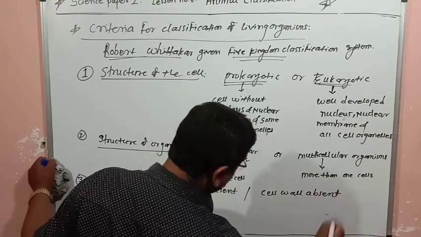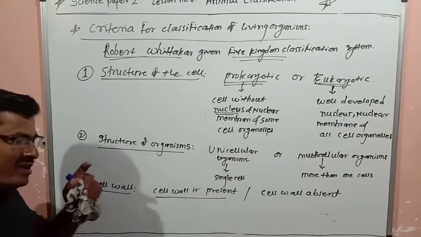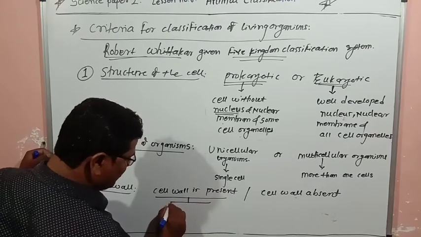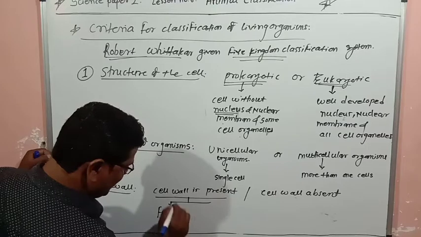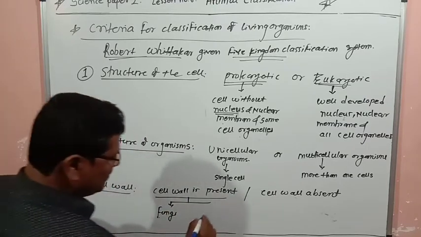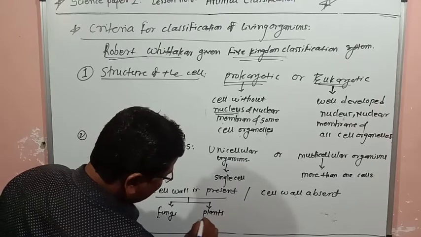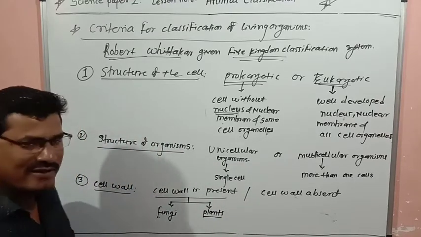So if the cell wall is present, which organisms have a cell wall? Two are there. First one is fungi, and second one is plants. So fungi and plants have cell walls in their cells.